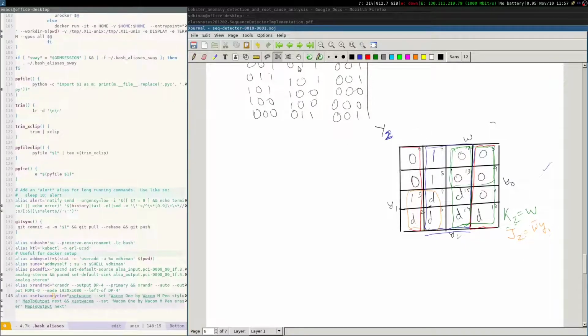That's too messy, so I'll just make it from scratch. Let's use black.